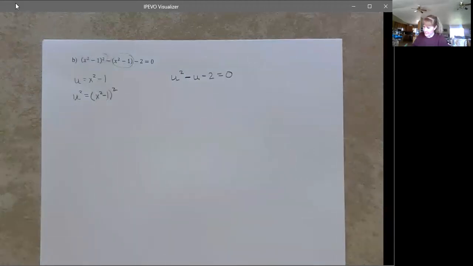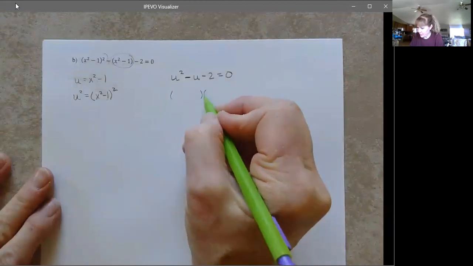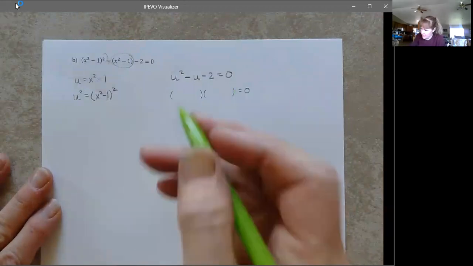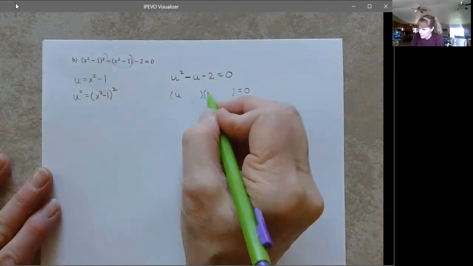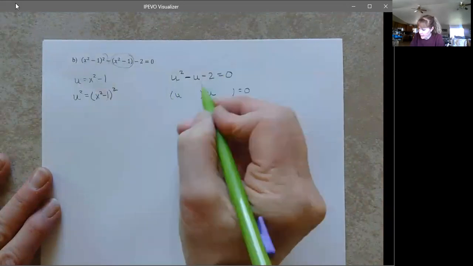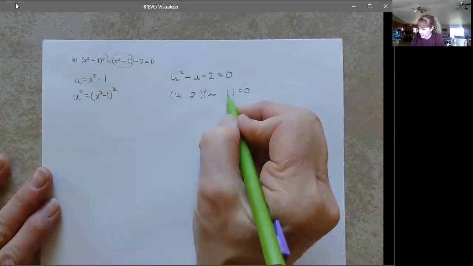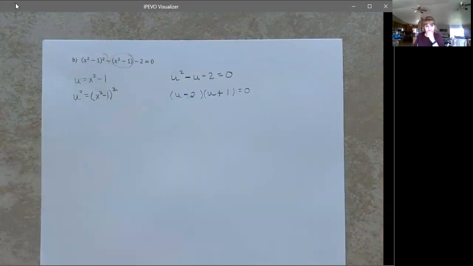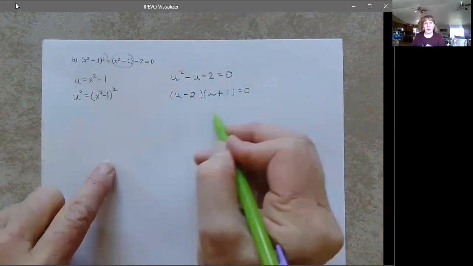So here, I'm not going to use the quadratic formula. I only use it if I have to, especially with something that's easy to factor. U times u gives you u squared. 2 times 1 gives you 2, and I want a minus 2. And negative 2u and 1u is a negative 1u.